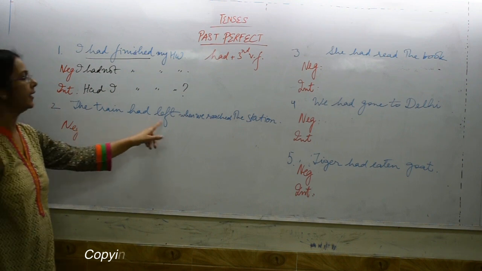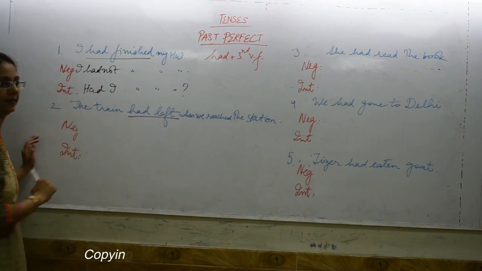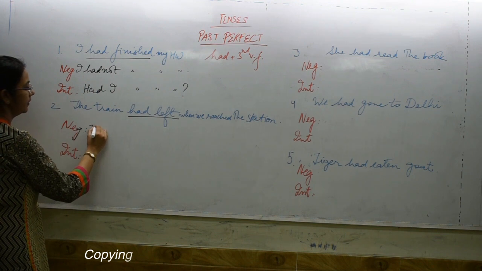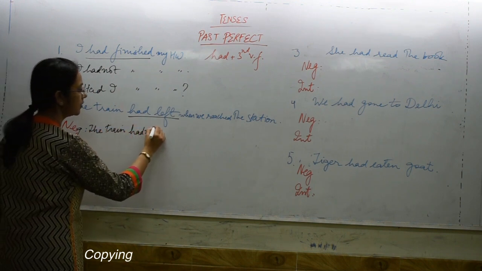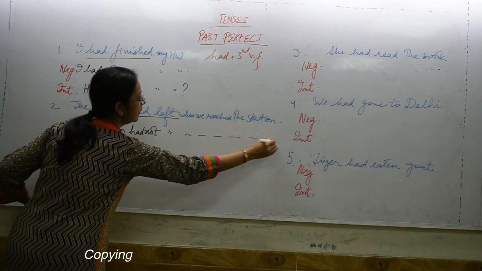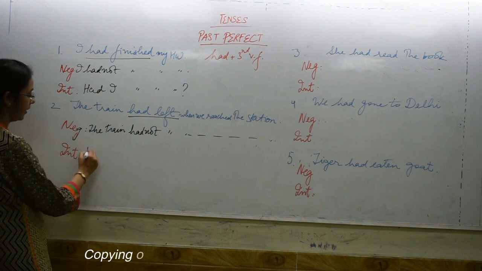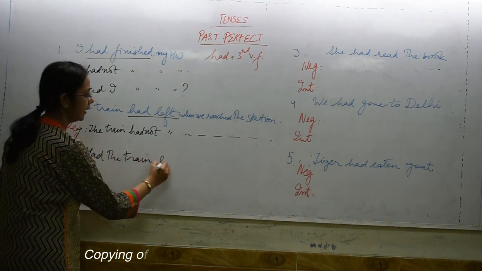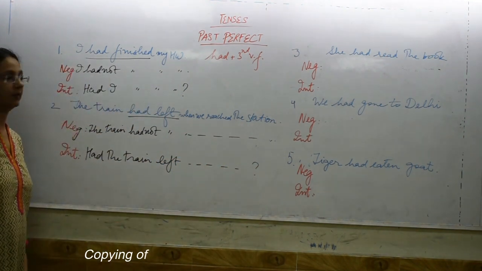The train had left when we reached the station. Had left. So, negative would be the train had not left when we reached the station. Interrogative: had the train left when we reached the station?